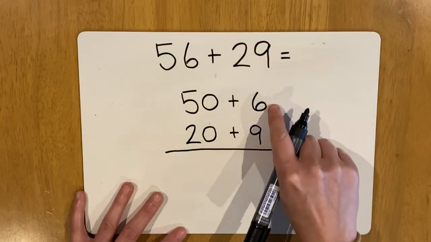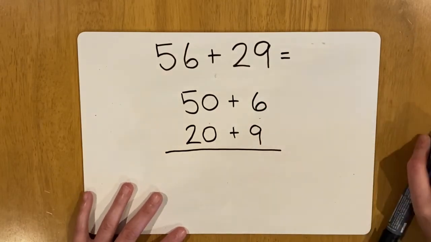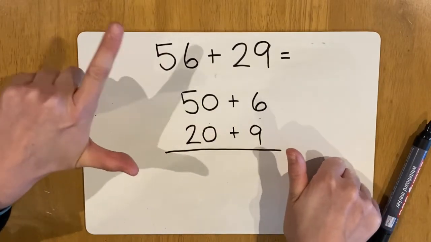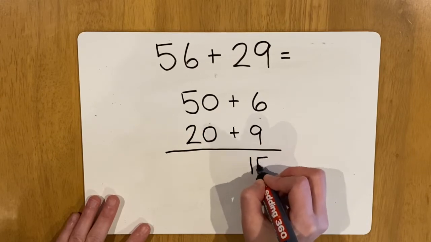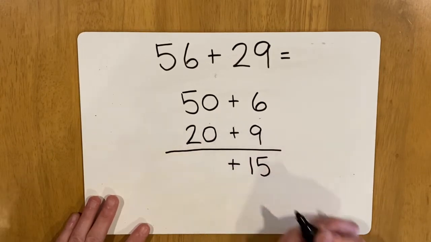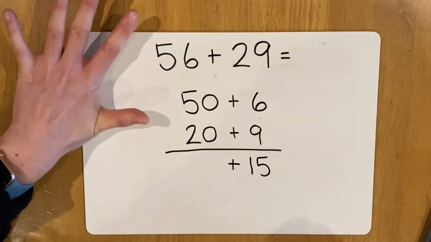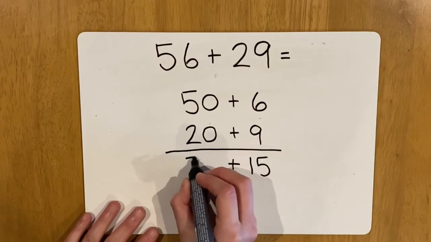6 plus 9, we're going to put 9 in our head because that's the bigger number, then we're going to add 6. 9 in your head, 9, 10, 11, 12, 13, 14, 15. Add 50 plus 20. 5 tens plus 2 tens is 7 tens, so 70.